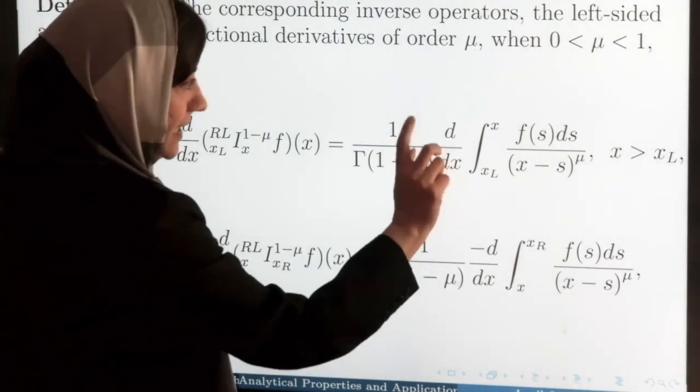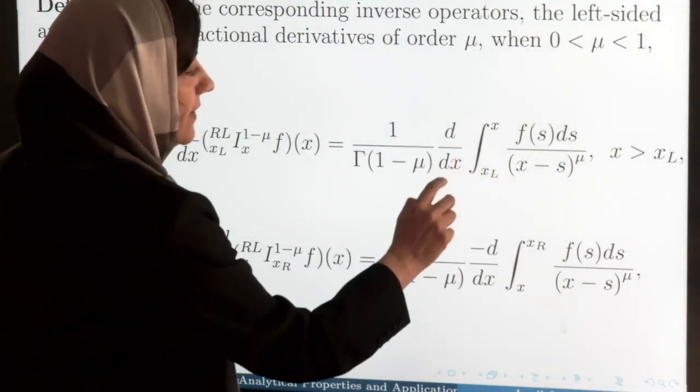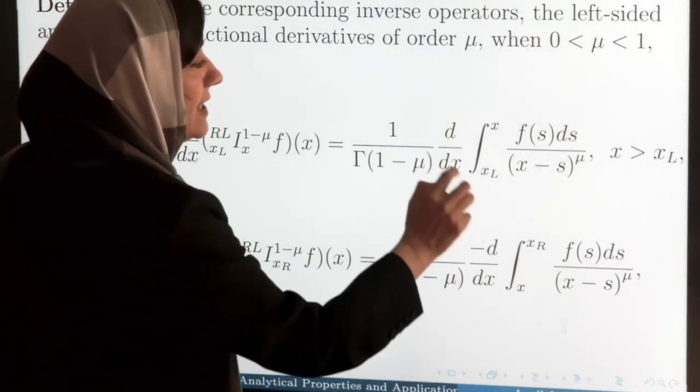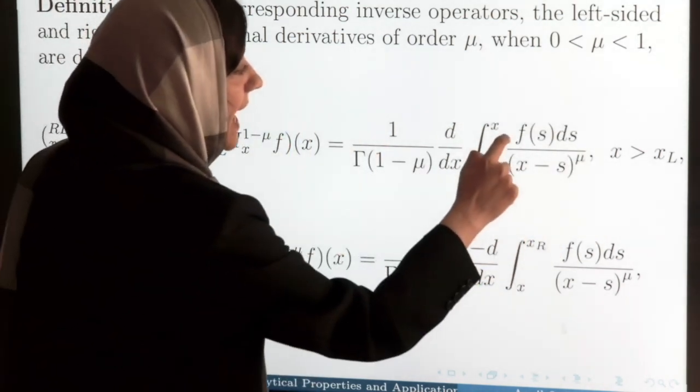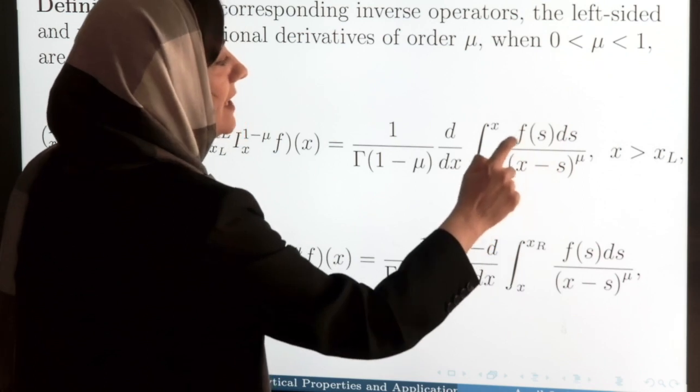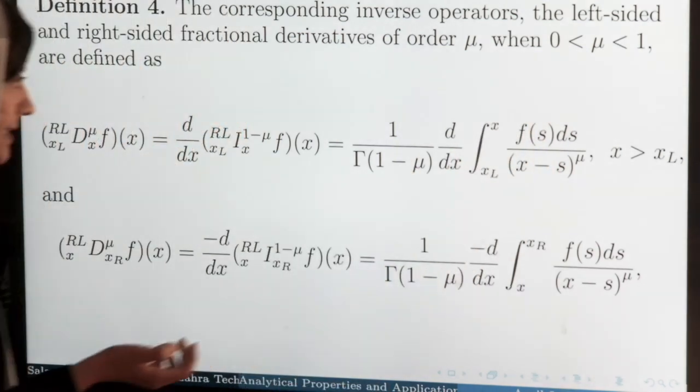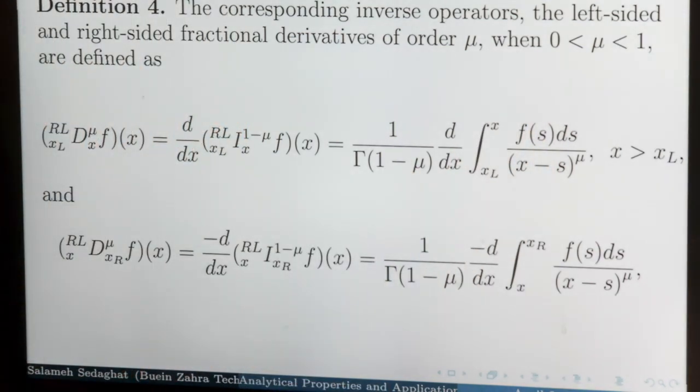You can see here we have the derivative of this integral, but for the kappa 2 derivative we have the derivative of f of s, and that's the difference between the Riemann-Liouville and kappa 2 fractional derivatives.